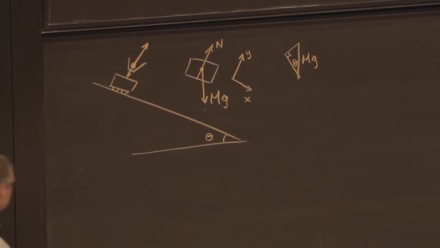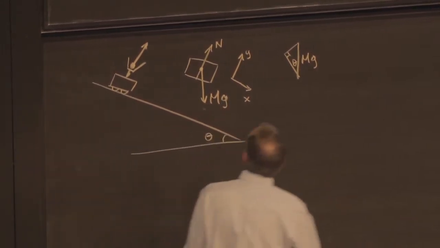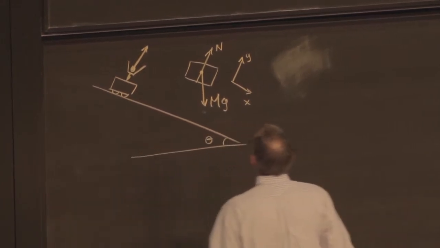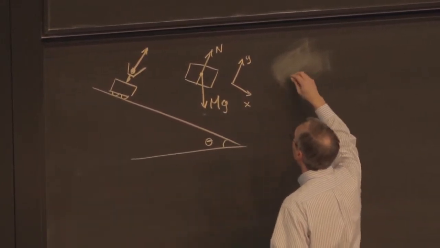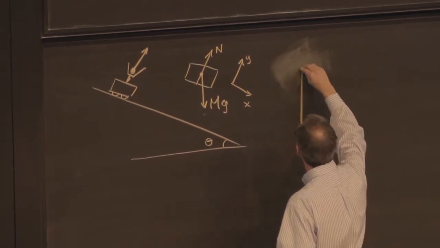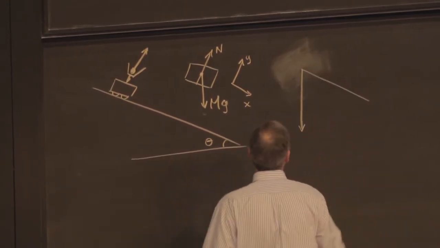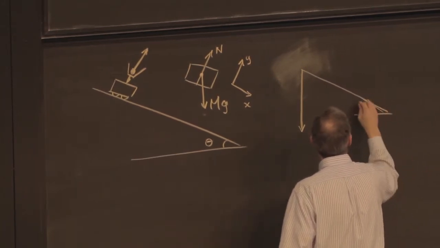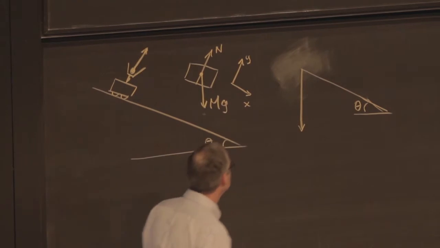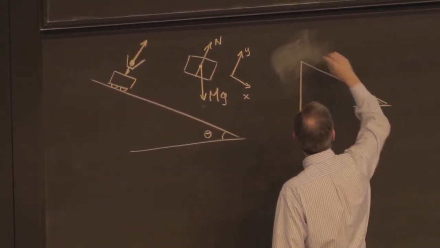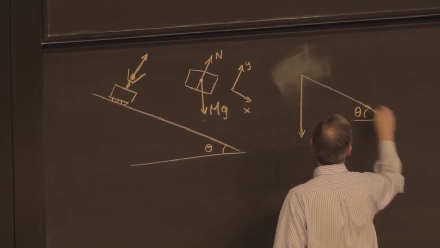Let's see, did I do that backwards? Let me make this nice and big. Yeah, so I have gravity coming down. I have this direction for x, and this angle for theta, and I want the component of gravity that's along this direction.